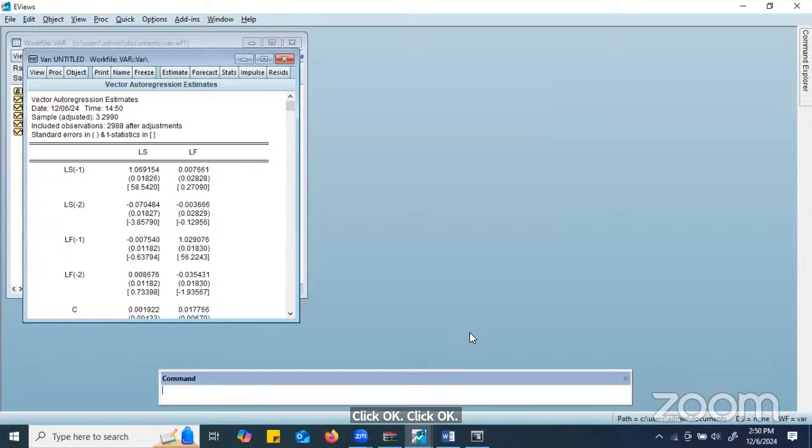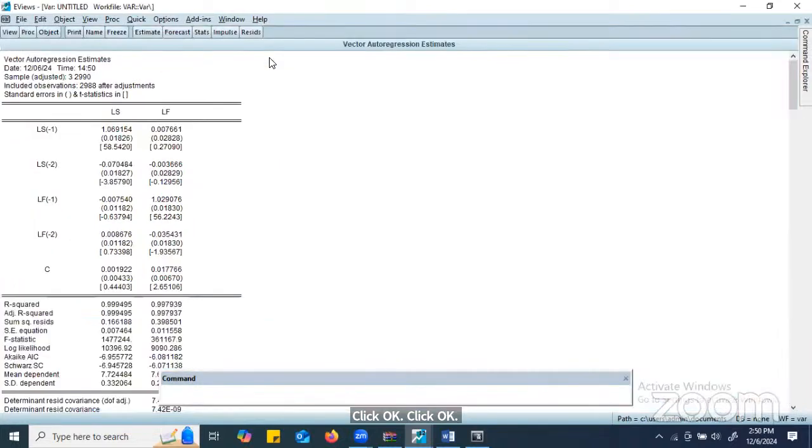Don't do anything else. Did you get this result? Don't read the data, I don't want that. I am just explaining the process of how to select the optimum lag length.